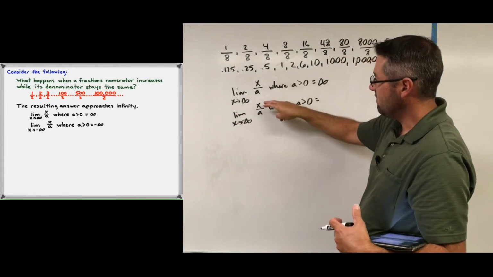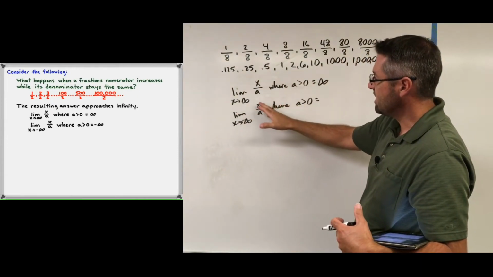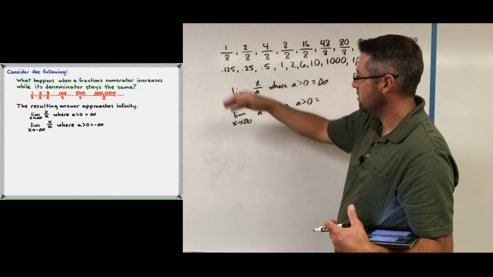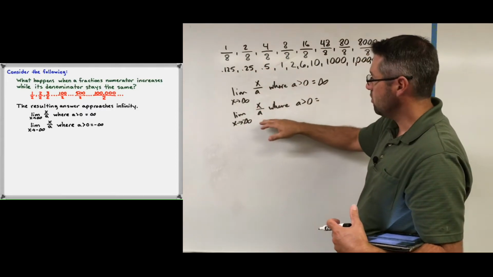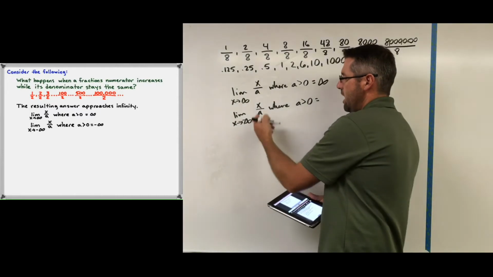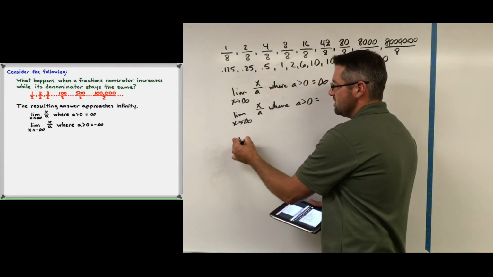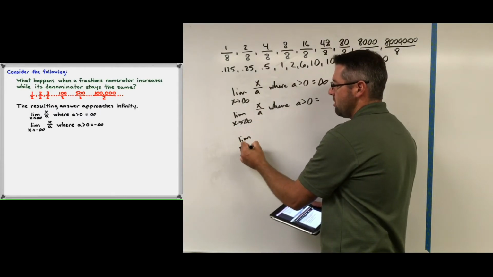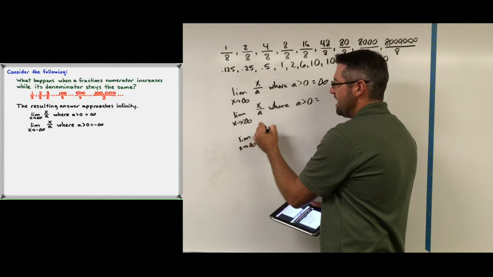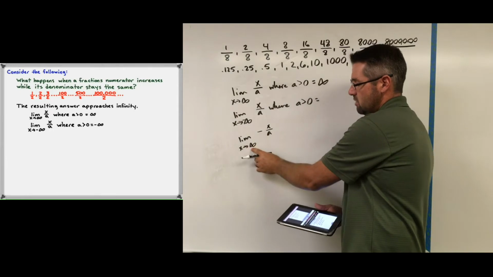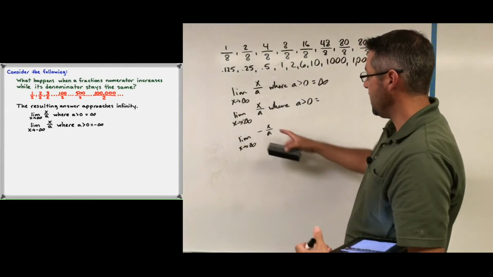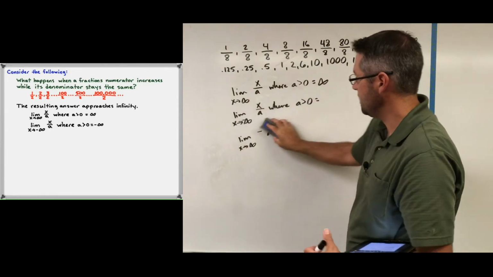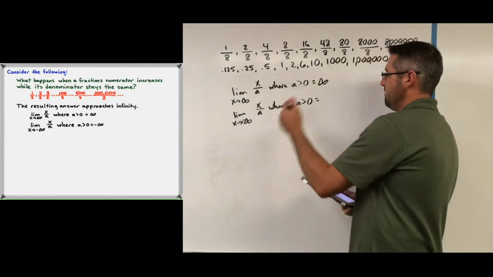In a sense, the numeric value is increasing, but it's negative. So we can say x is negative, so this is the same as the limit as x approaches positive infinity of negative x over a, because I took the negative out. The bottom line is, since that one was positive infinity, this one's going to be negative infinity.